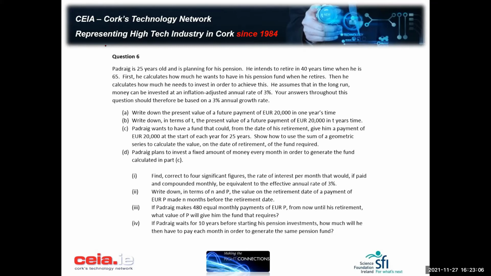Write down the present value of a future payment of €20,000 in 1 year's time. So in other words, how much money do I have to invest right now in order to achieve €20,000 in 1 year's time, assuming an annual growth rate of 3%? So that's what's actually going on.